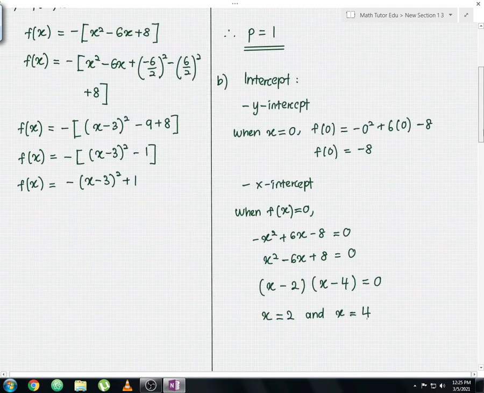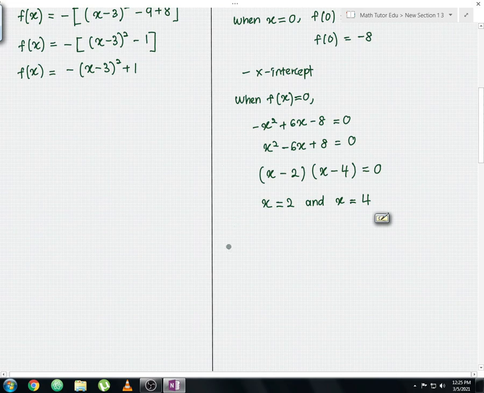So let us continue. The final step is to find the maximum coordinate. Your maximum coordinate will be equal to (3, 1). To find it, the x coordinate you can find using the axis of symmetry: x minus 3 equals 0, so you get x equals 3.